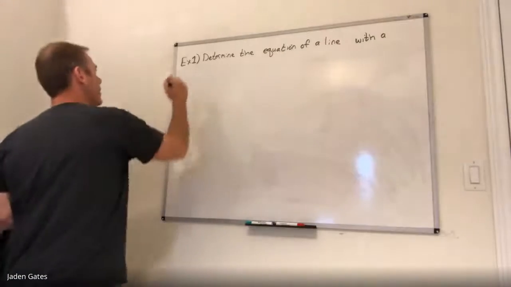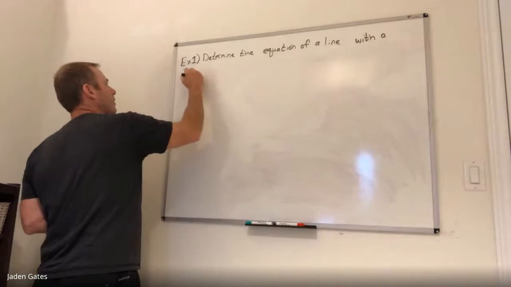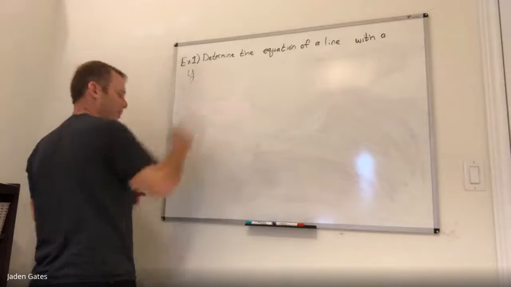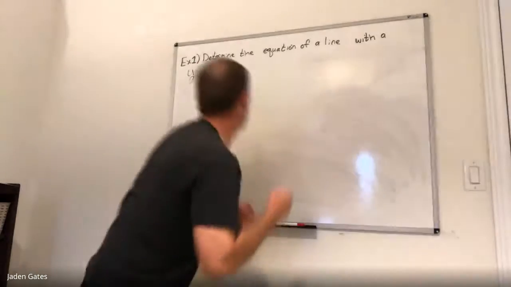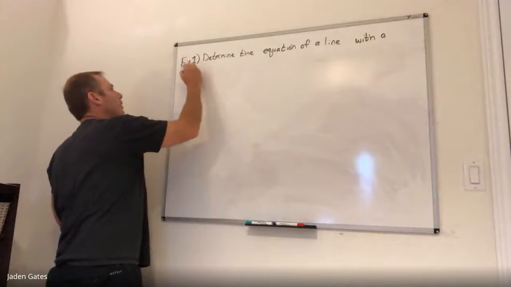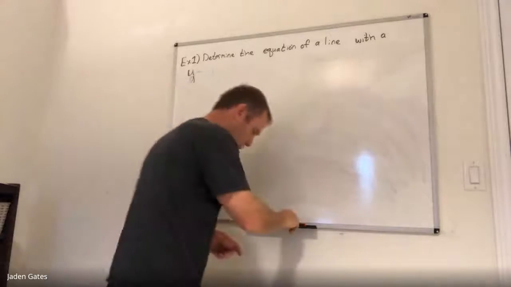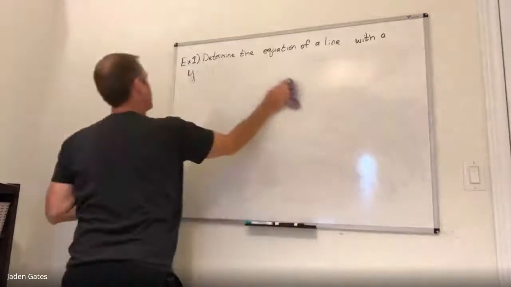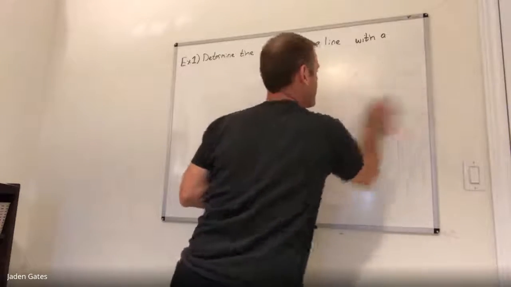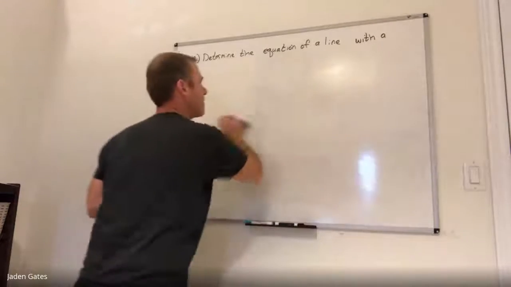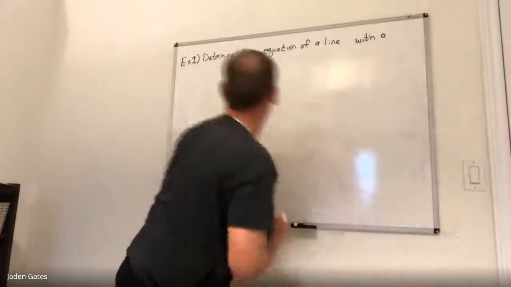With a y-intercept. Whoops. Oh, it's still wet. Let's try a better one here. There we go. Shoot. That's a little wet still. All right. Okay. Try a different color.